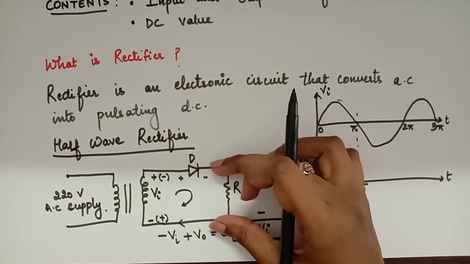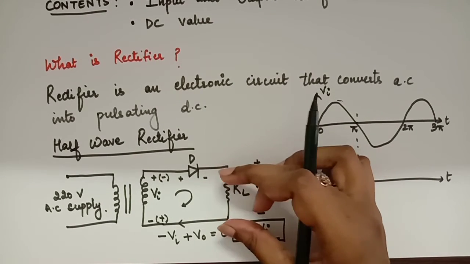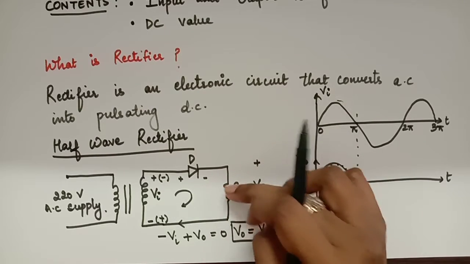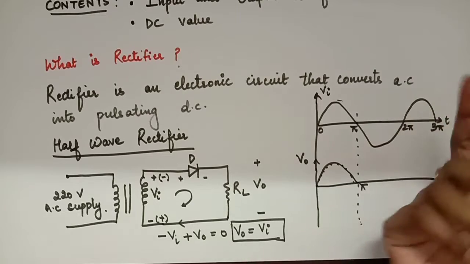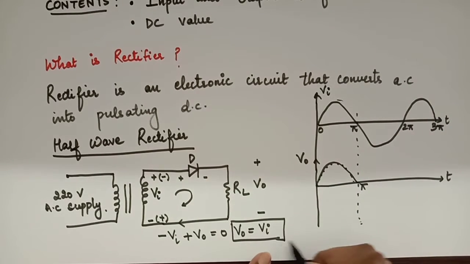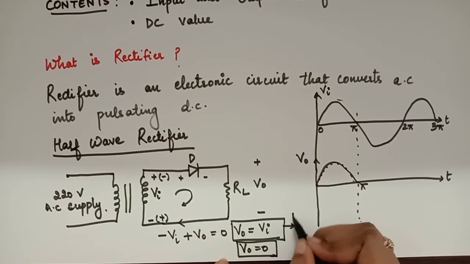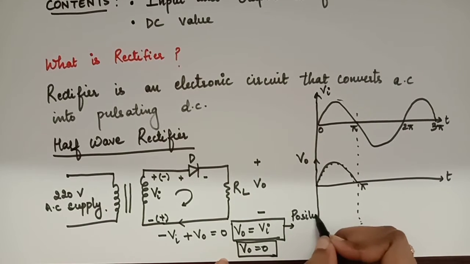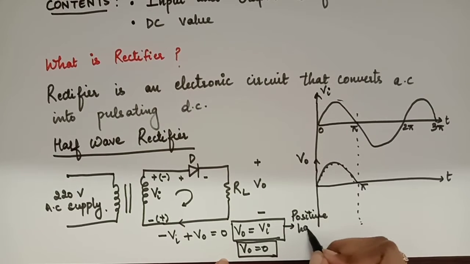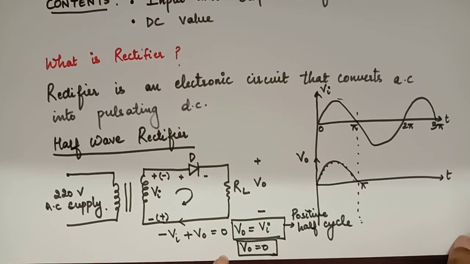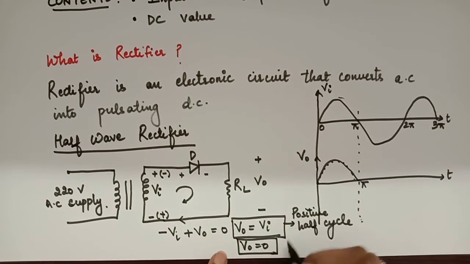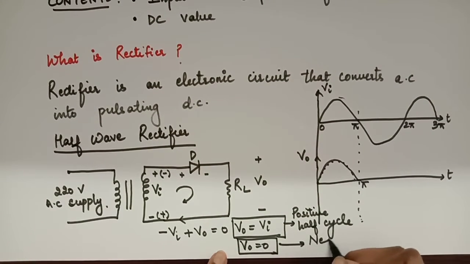V0 is the voltage across this RL, and to calculate the voltage across it, you need to multiply RL with the current, but the current in the circuit is 0. So V0 is equal to 0. So this is the case for the positive half cycle, and V0 equals 0 for the negative half cycle.